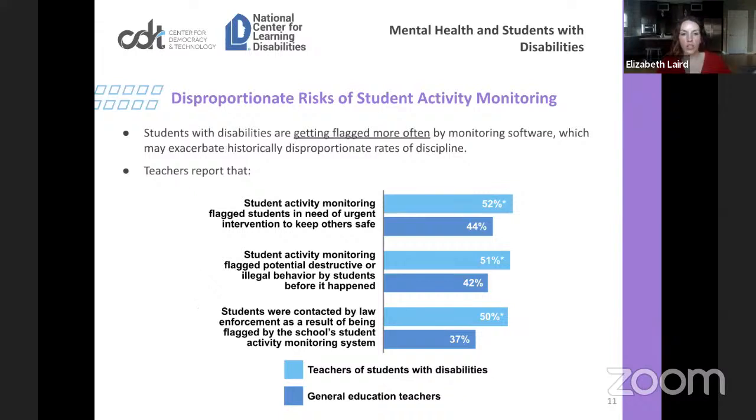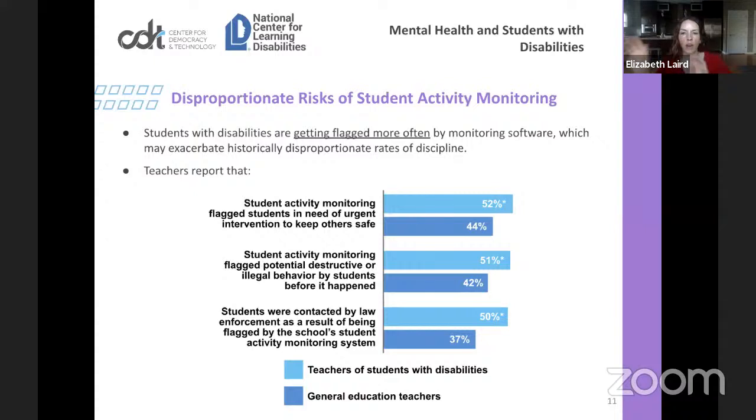So we had shared that information previously. Now we're going to get into some of the new information that we released this morning. What we found when we looked at the survey information from teachers is that students with disabilities are getting flagged more often by this software.